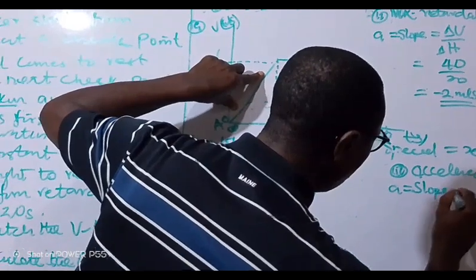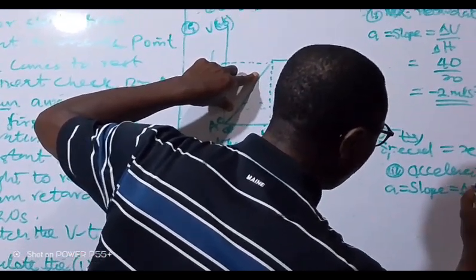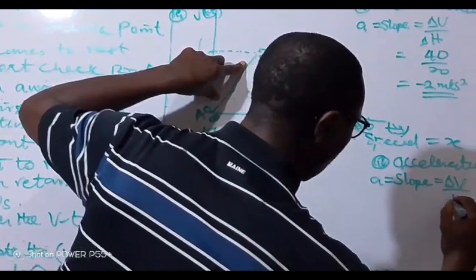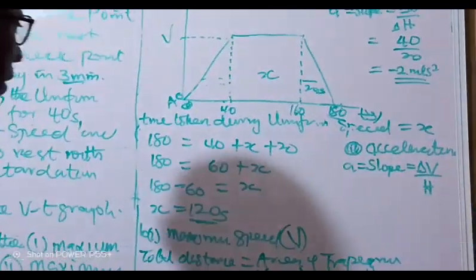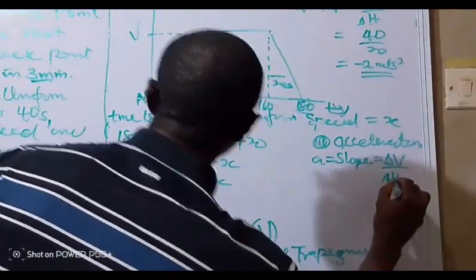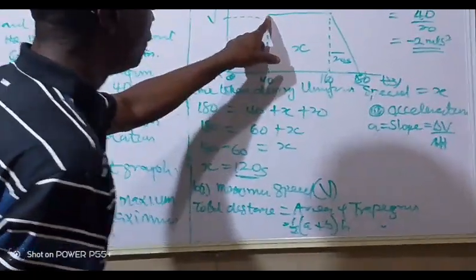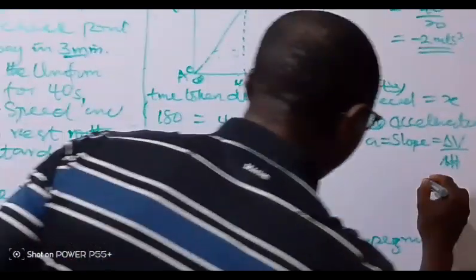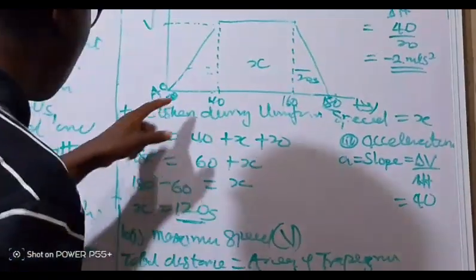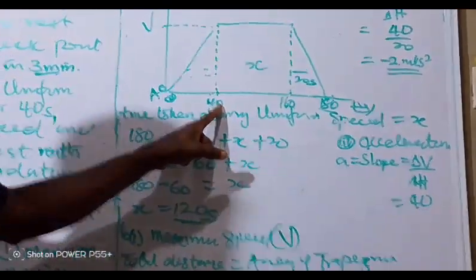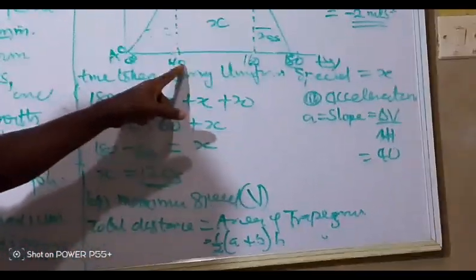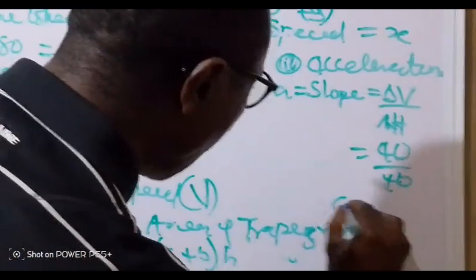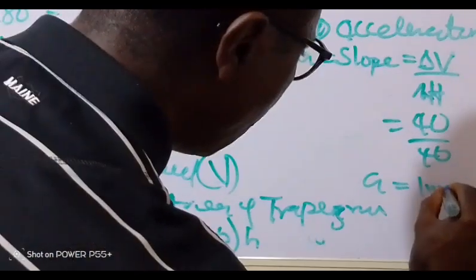That will be delta v on the vertical axis during acceleration over what we have on the horizontal axis. We calculated v the other time from here to here, that's 40. Then from here to here, it used 40 seconds to accelerate. That's 40 over 40. So acceleration is equal to 1 meter per second squared.